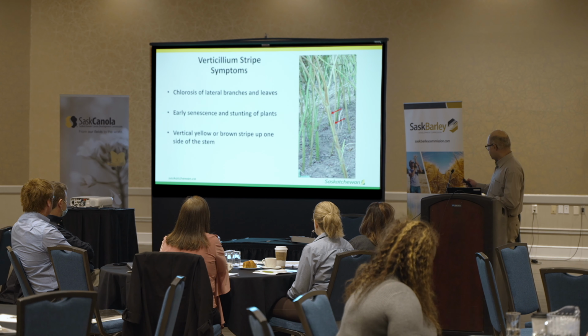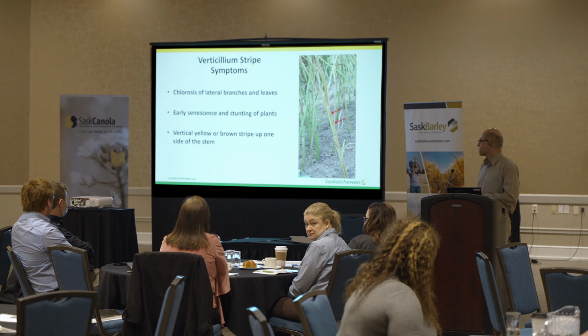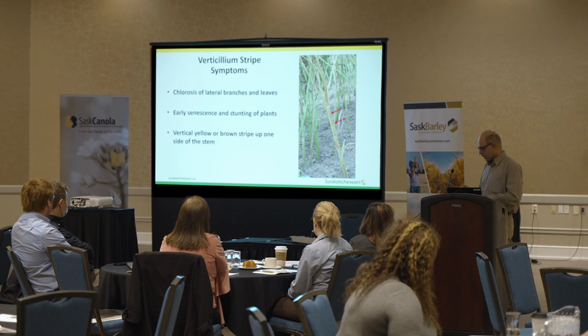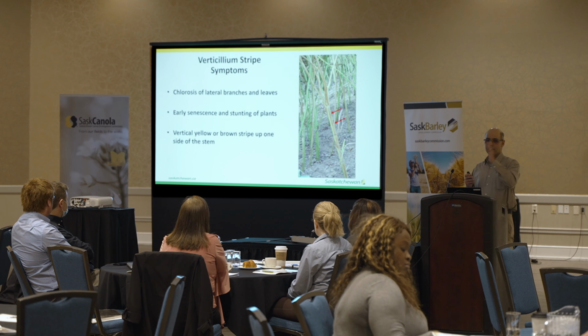And then we go to verticillium stripe symptoms. It is a new disease for the province, which is concerning for us, so we keep eyes on that. Verticillium stripe symptoms are usually chlorosis on one side of the stem.